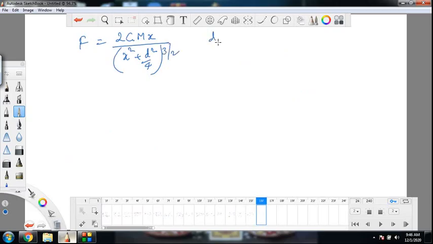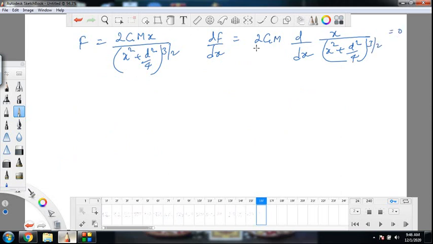So dF by dx, when you are differentiating, keep constants outside. 2GMm is a constant, keep it outside. Just differentiate the variable part, and equate it to 0. Anyway, this constant cannot be 0. So the remaining derivative must be 0. So derivative, how do you do it? You have to use quotient rule here.